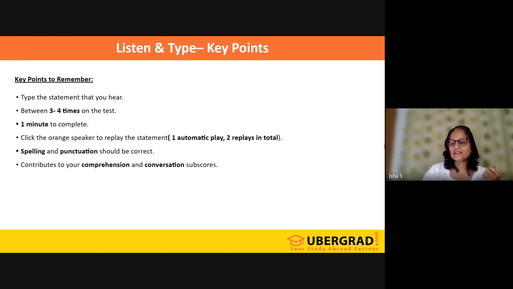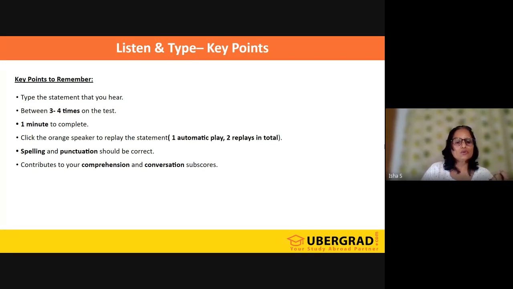Now let's understand the key points you need to remember to solve this type of question. As I said, you have to type the statement that you hear. It appears 3 to 4 times in your test, and for that you get 1 minute.